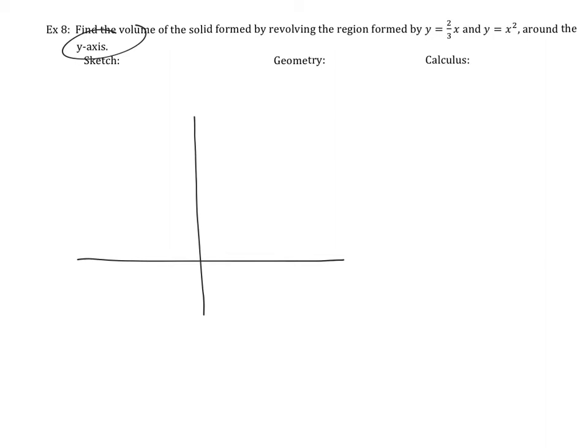We've got the line y equals 2/3 x and y equals x squared.